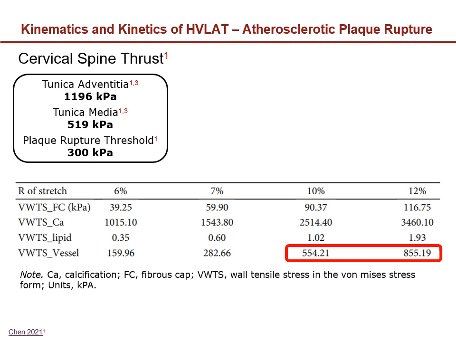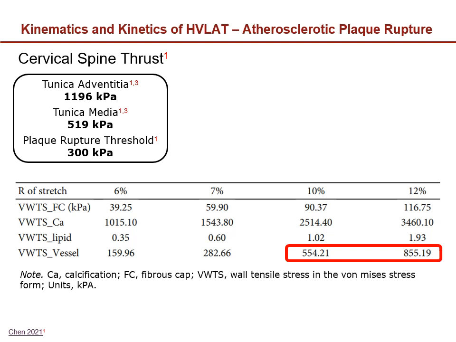So you can see at 10 and 12% strain on the vessel that the kilopascals applied to the vessel wall, which would potentially lead to the risk of the rupturing of the plaque, are either at or surpass the threshold that has otherwise been calculated at 519 kilopascals.